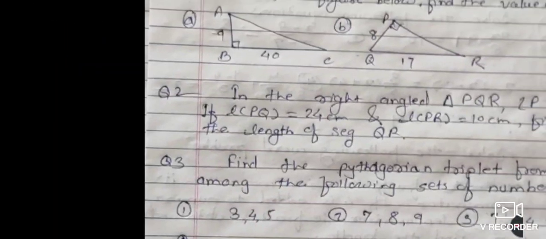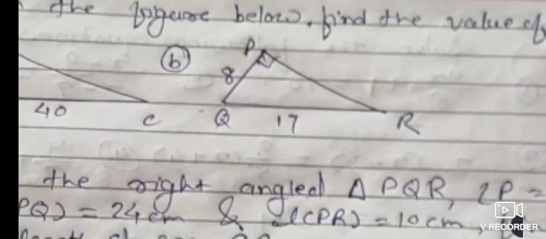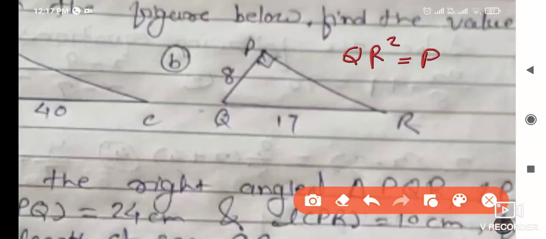The side which is opposite to the 90 degree angle is called the hypotenuse. So according to it, QR square, meaning hypotenuse square, equals PQ square plus PR square. Here we have to find PR, which is x.